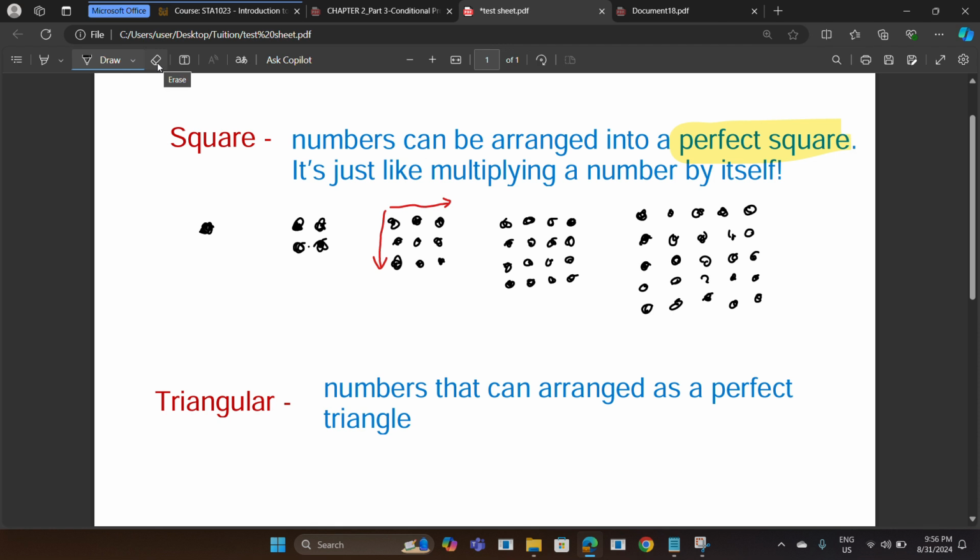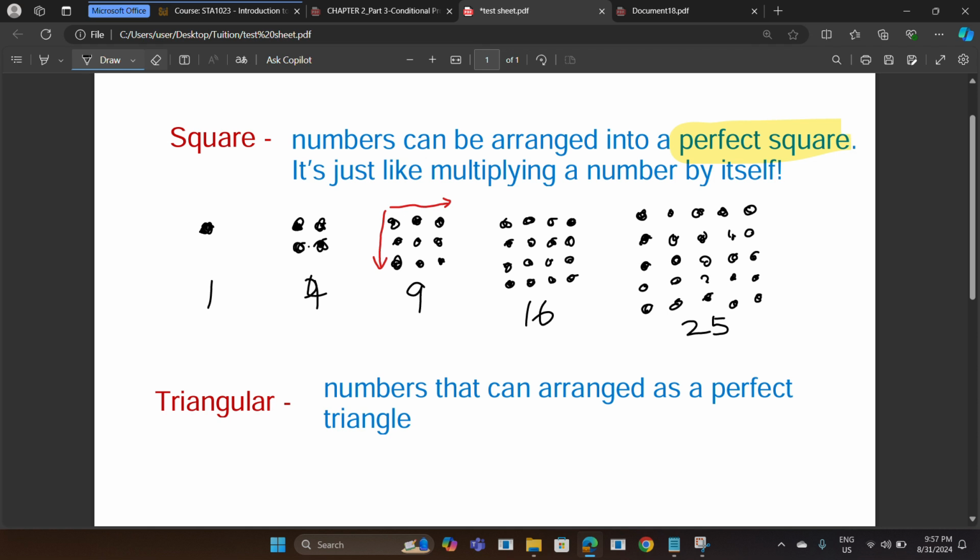First square number is 1. Second one is 4. Third one is 9. Fourth one is 16. Fifth one is 25. There is another method to obtain these numbers without drawing these dots.